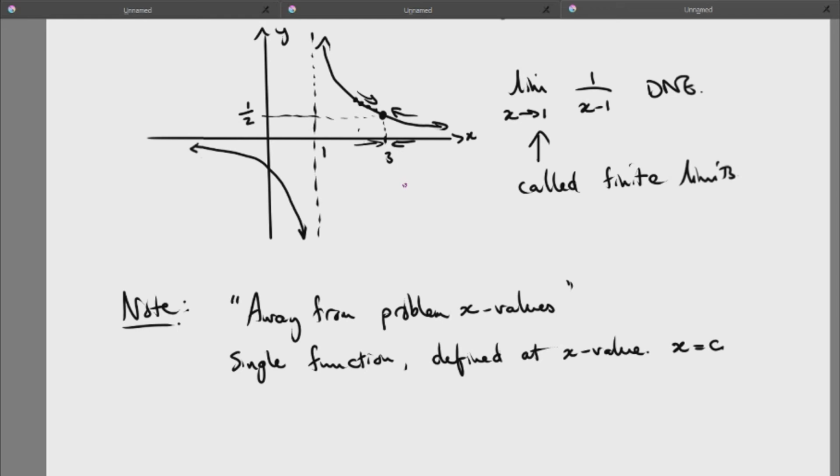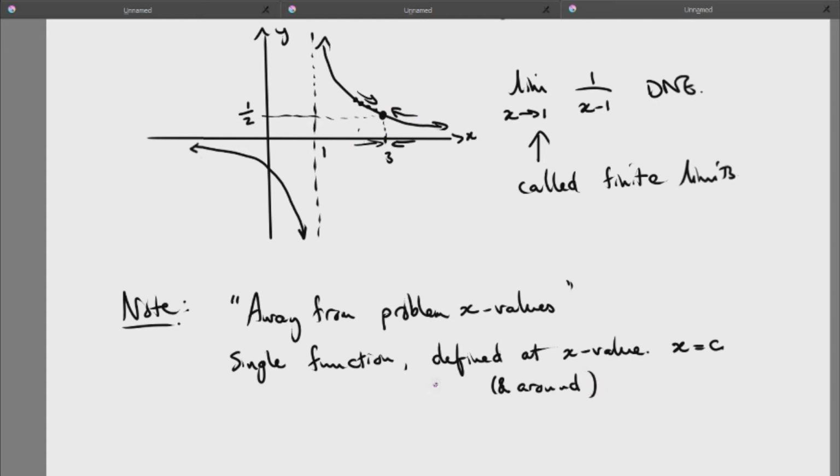As I'm approaching the value of 3 from both sides, I'm traveling along the graph, getting closer and closer to the y value that's at x equal to 3. There's no problem at all. So it's a single function, defined at and around the x value of c. I can travel along the graph towards the point.